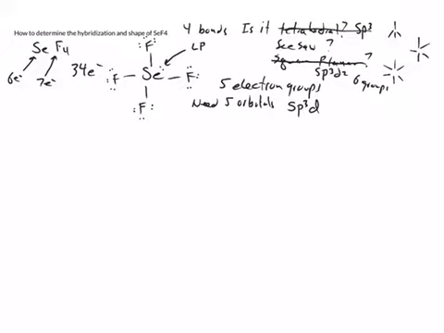So let's work with this a little bit. I'm going to have selenium right here in the middle, and I'm going to have 5 groups. So normally your 5 groups would be trigonal bipyramidal. That's the electron shape. Okay, and I have my electrons coming out and going back. You know one of these is going to be the lone pair. So that's going to be our problem.